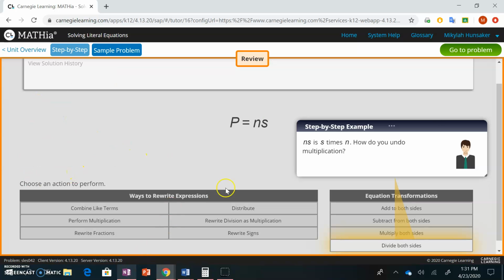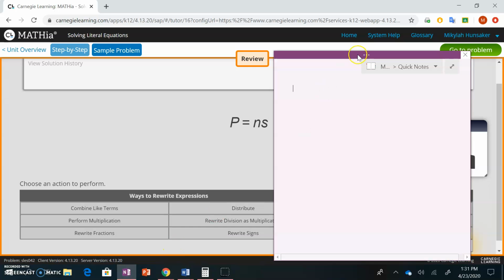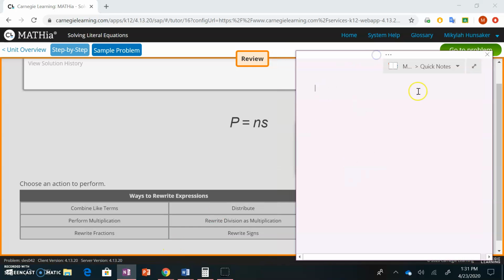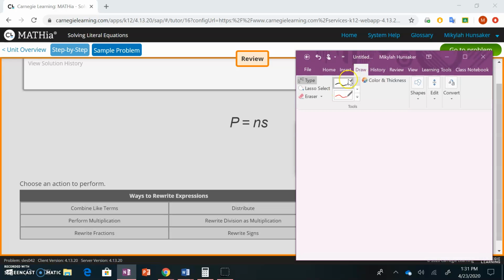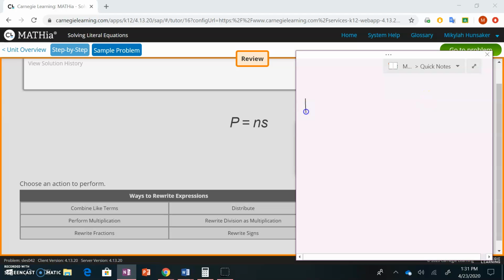If you're still not feeling super comfortable with this, you can take out your scratch pad, a piece of paper in front of you. On one side, you can write P equals ns. That's the equation we want to solve for.